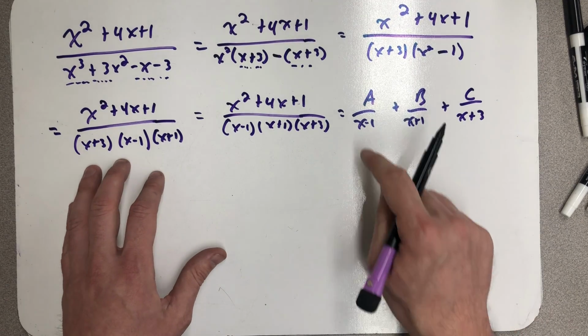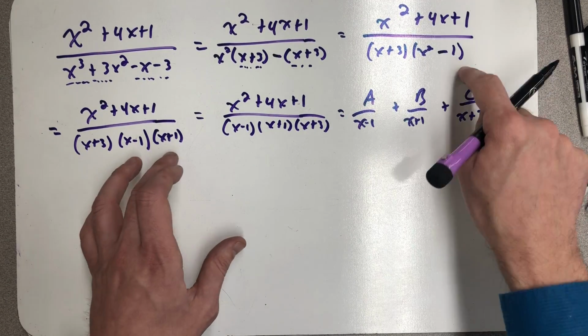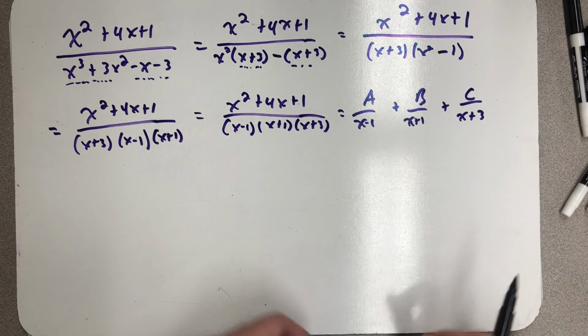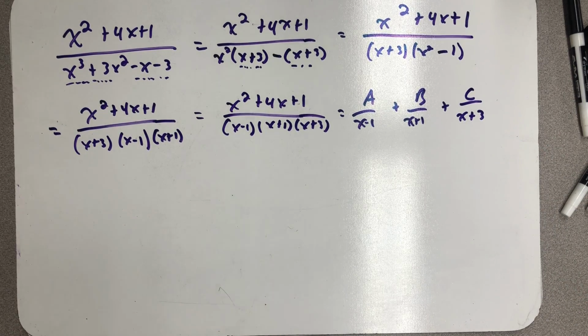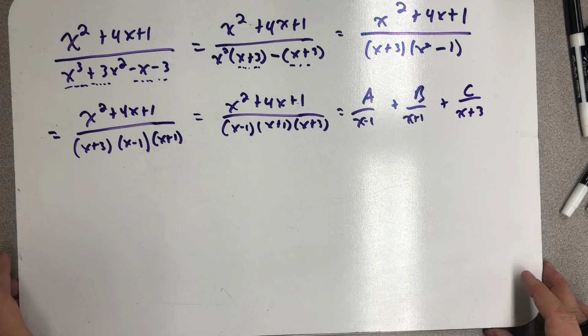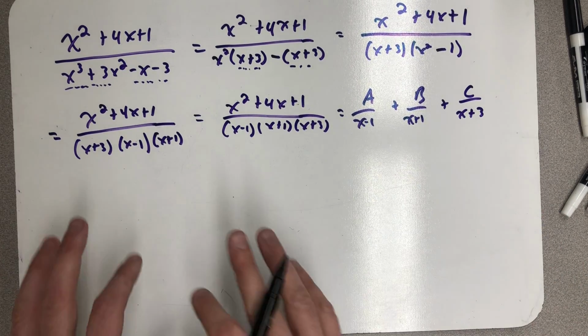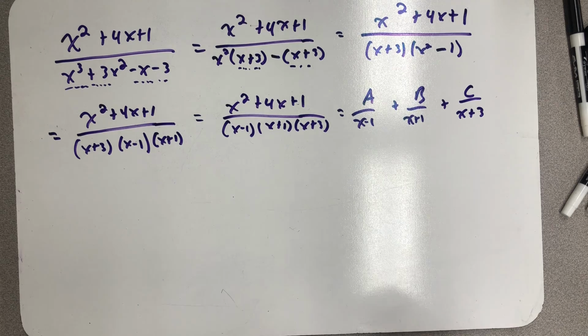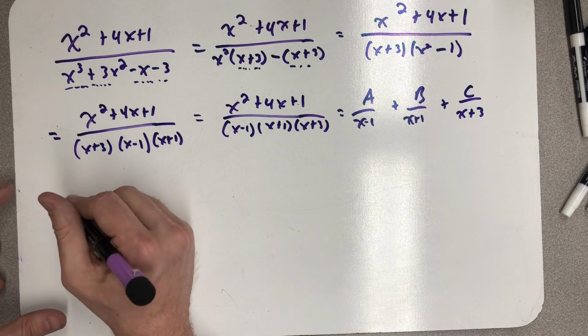I probably would have written it down as an A over this, a B over this, a C over this, and at least this way I'm doing the same process that I did before, and I won't have to think about which variable is over what now. So not really necessary to rearrange it there, just a convenience for me in making the video.